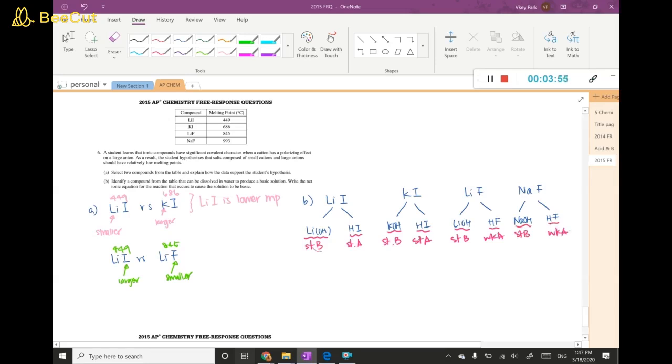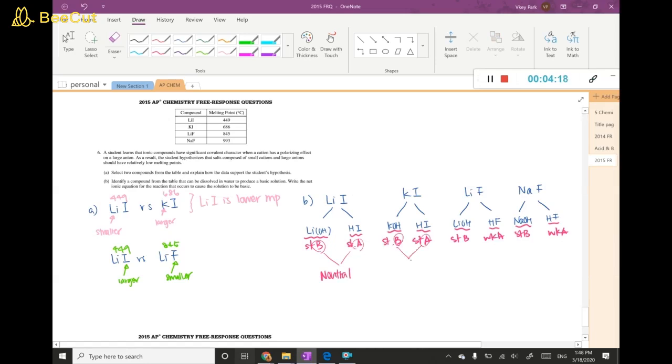So if I have a strong base and a strong acid react with each other, they are both strong. And let's just say strong boy and a strong Annie girl are going to get together, and who's going to win? Nobody wins, so they become neutral. Okay, so LiI is a neutral salt. Same idea here.